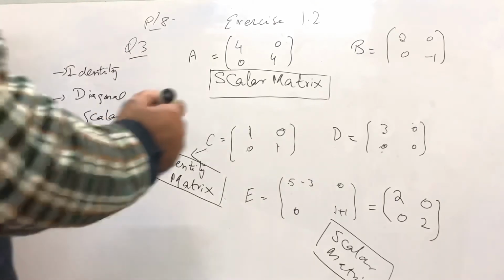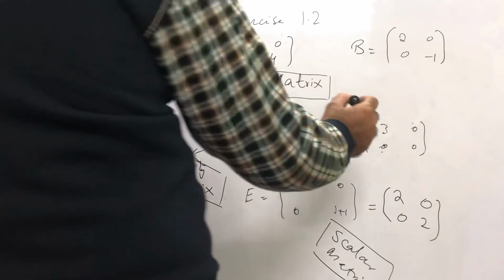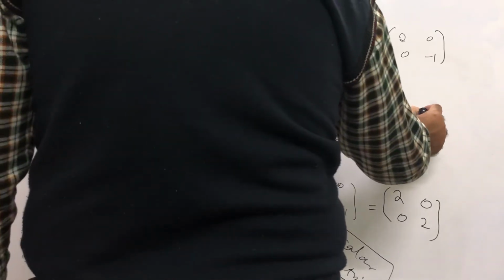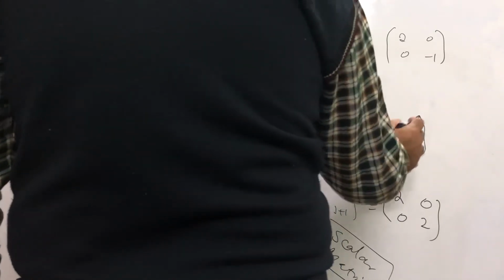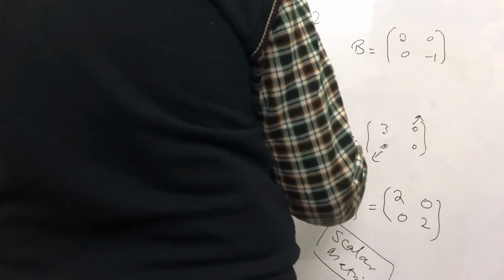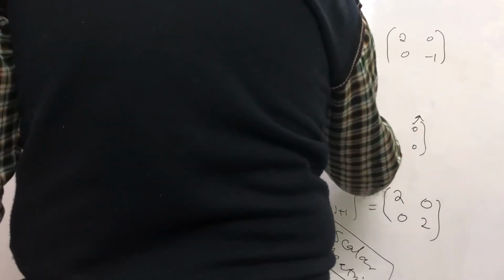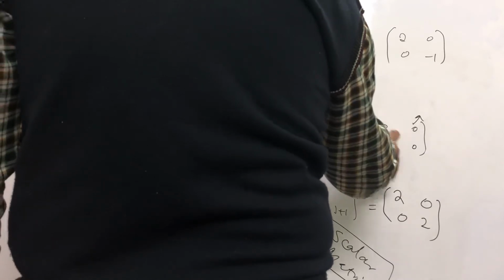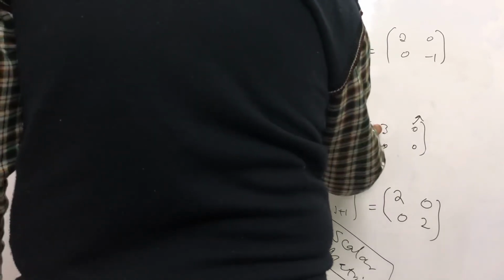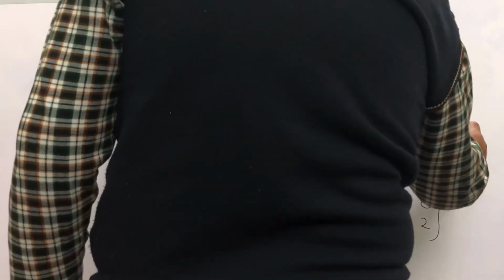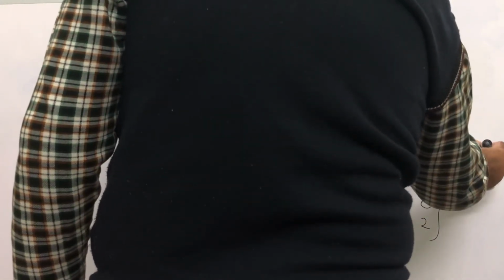So for D we see that non-diagonal entries are 0. Okay, number 1, and number 2 is that at least one of the elements of the diagonal is not 0. This is the diagonal, so at least one is not 0. So this is a diagonal matrix.